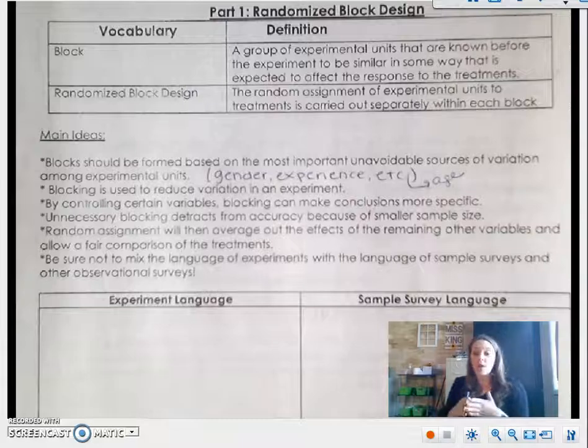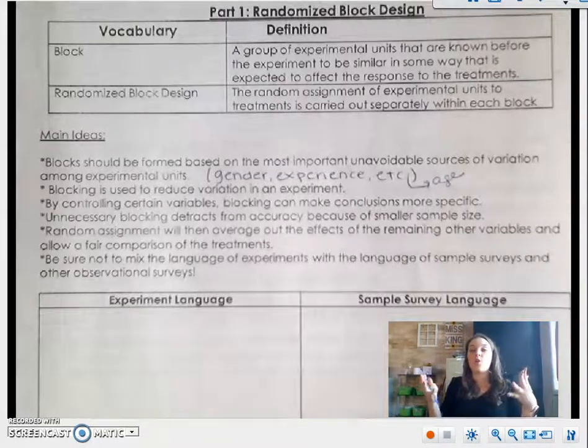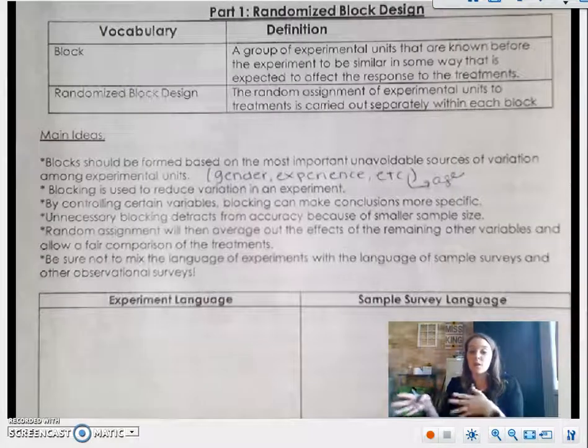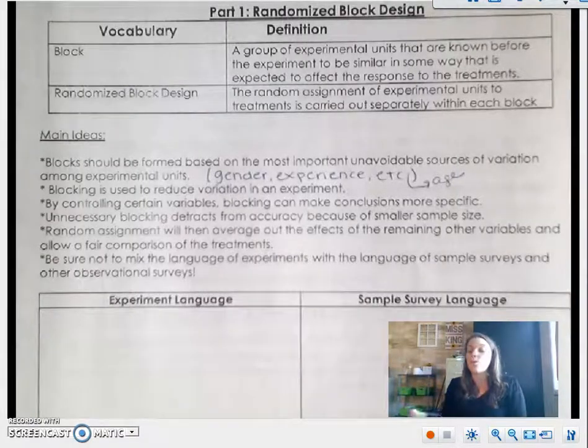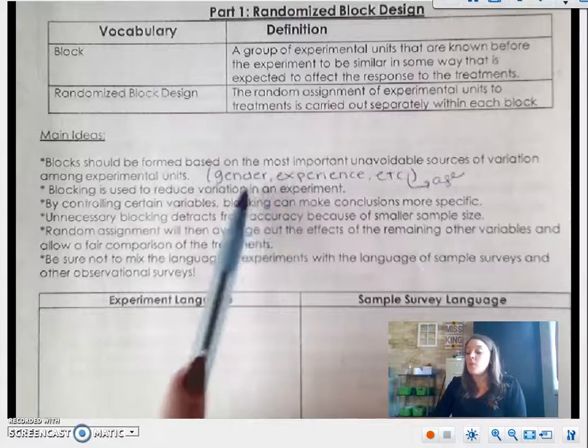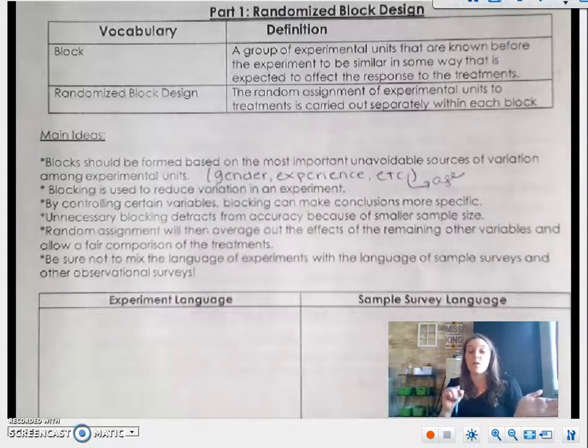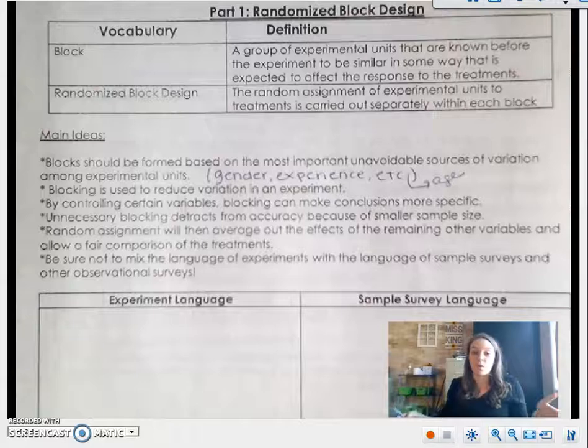You would separate your group or your sample into chunks based on a block. So if you wanted to do an experiment, you might put all the females together and all the males together and then randomly assign them within each chunk of people rather than randomly assigning from the whole entire group.